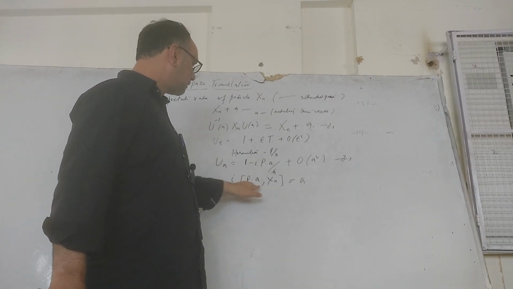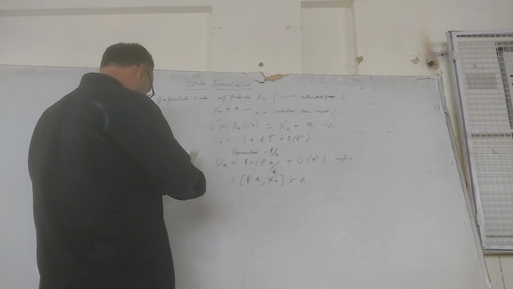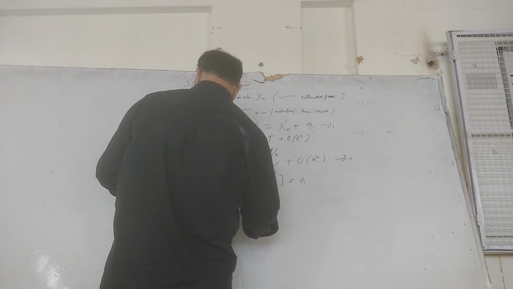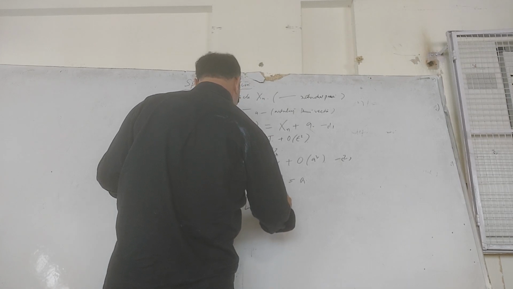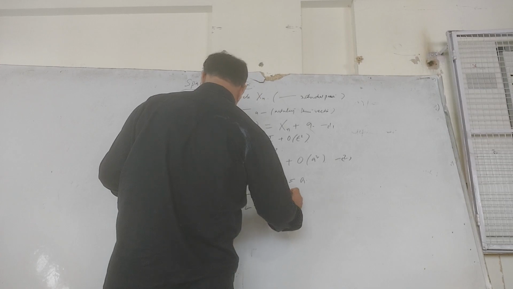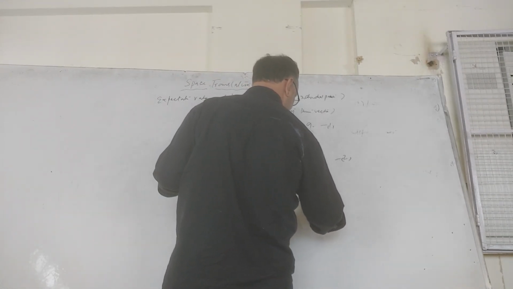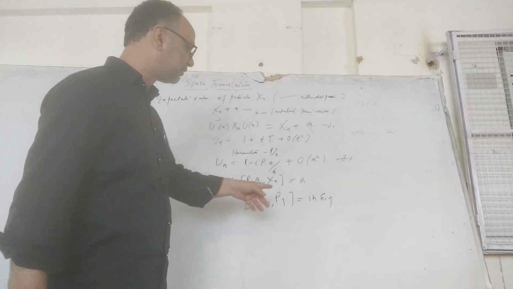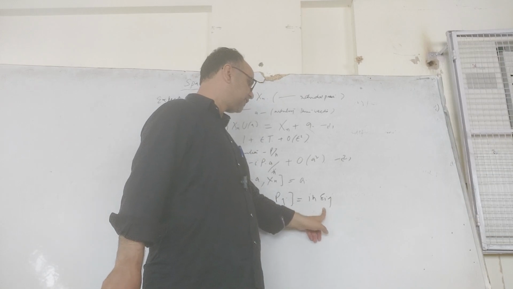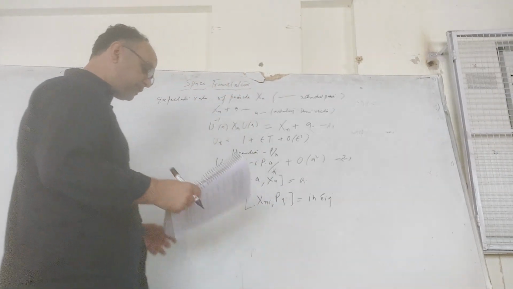So we can write the commutator of xi and pj as i h-bar times the Kronecker delta, so that for i equal to j it is 1, and for i not equal to j it turns out to be 0.